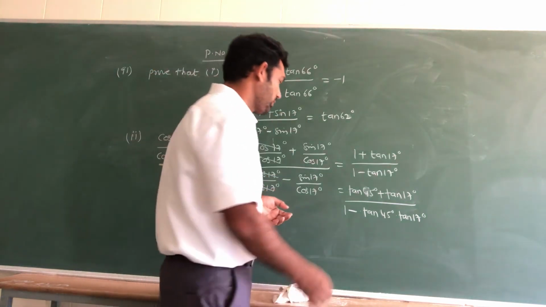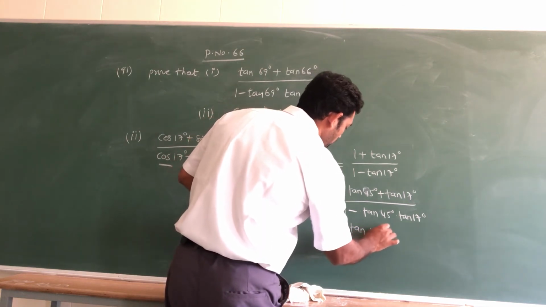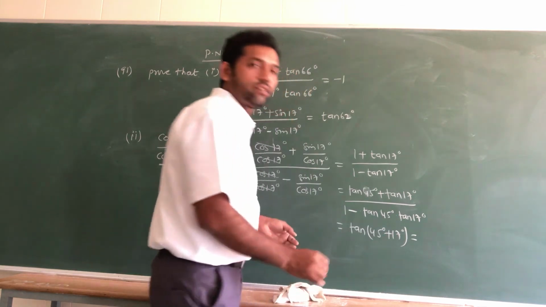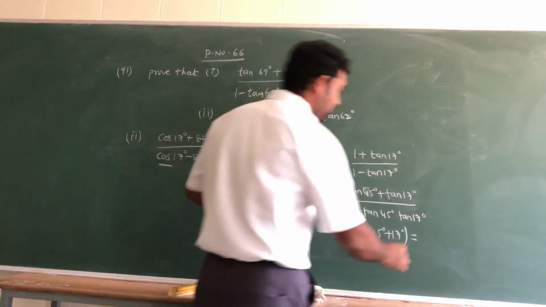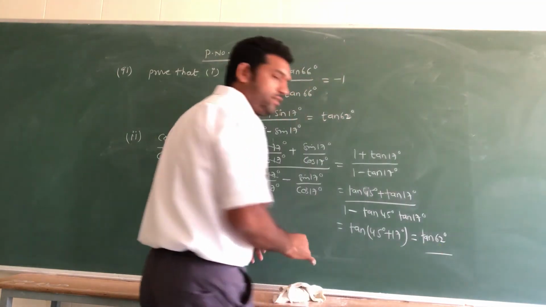So what is our formula? Tan of A plus B, so 45 plus 17. How much do you get? 62 degrees. Tan 62 degrees. That is our solution.